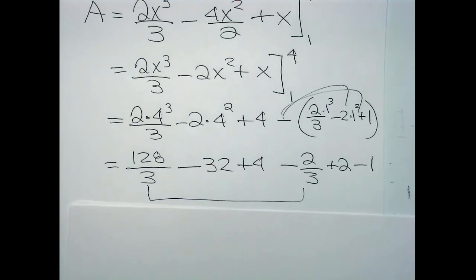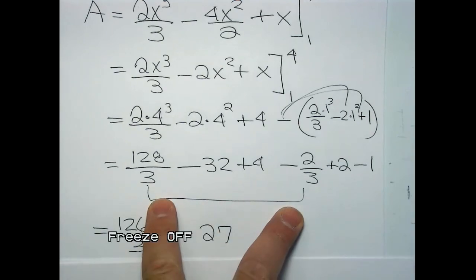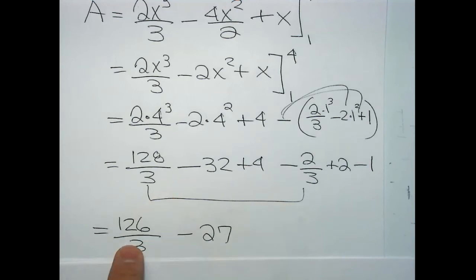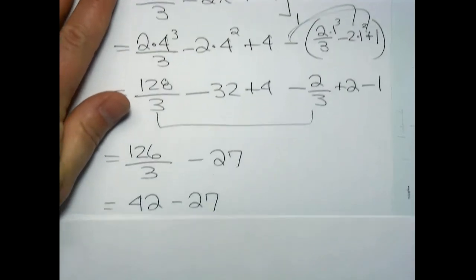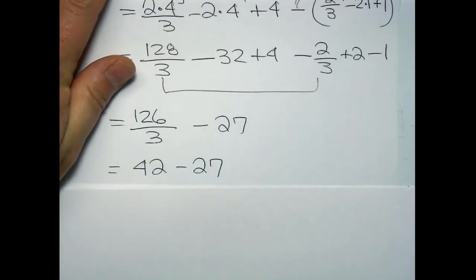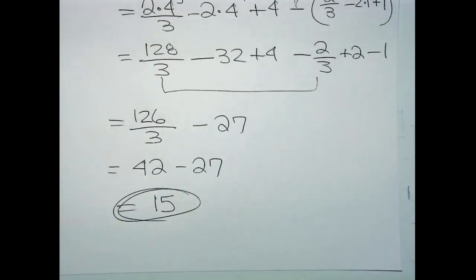First thing I noticed was I decided to get these two to go together because they already shared the same denominator. 128 minus 2 is 126. And then I just added these numbers together. These 4 numbers here made minus 27. Well, it turns out 126 over 3 is 42, and 42 minus 27 is 15. So the area beneath this curve from 1 to 4 is actually 15.